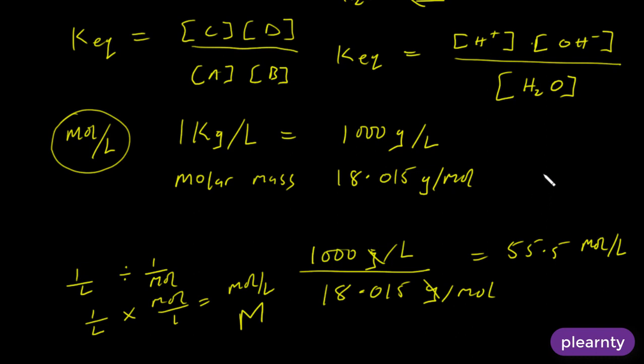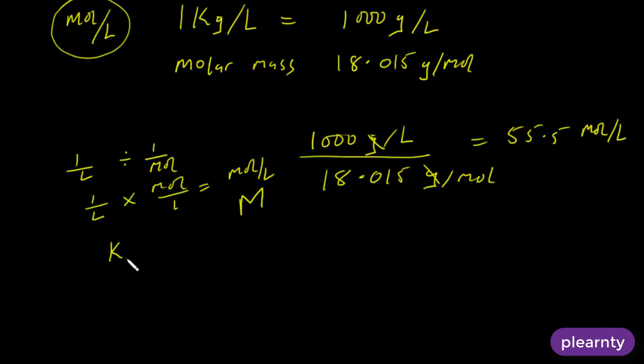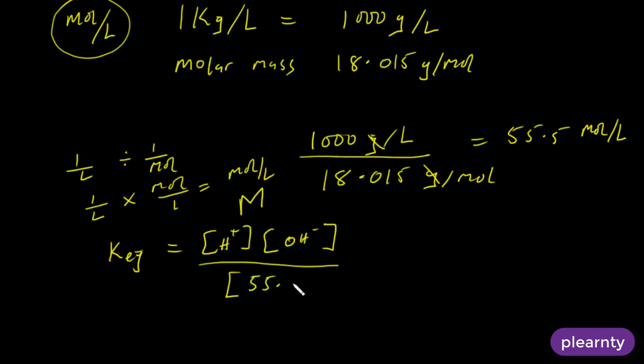Now that we have this information, let's substitute for our equation here. We can now say KEQ is equal to proton concentration, hydroxyl ion concentration over the concentration of water, a pure water itself, which is 55.5 molarity. The value for KEQ can be gotten experimentally by measuring the conductivity of water.